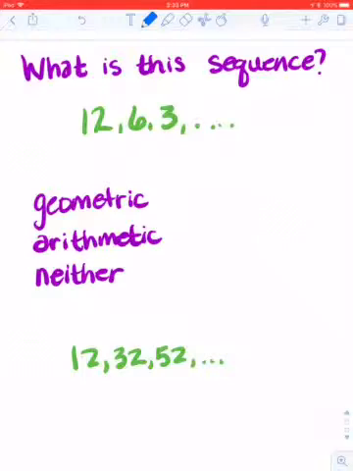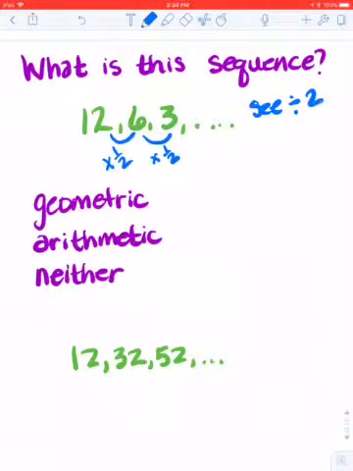So on the first one, I can see my numbers are going down. And this is definitely, I'm multiplying by 1/2 each time to change my numbers. Now remember, if you see that it looks like it's dividing by 2, that means it's going to have to multiply by 1/2.